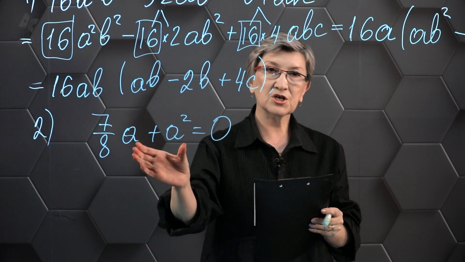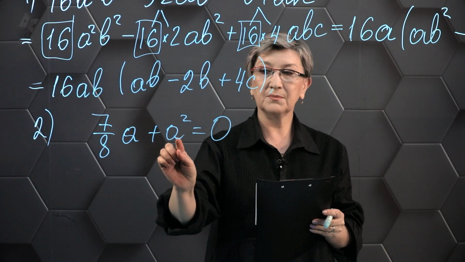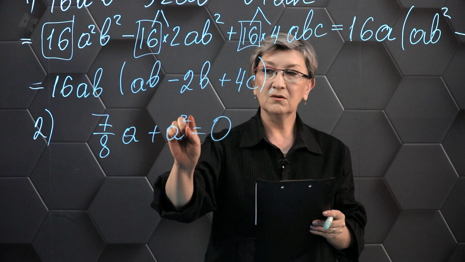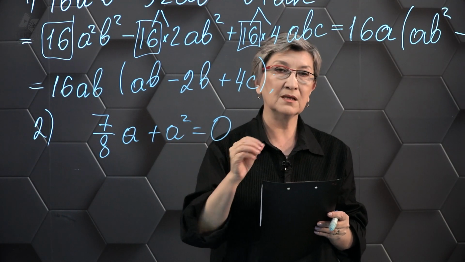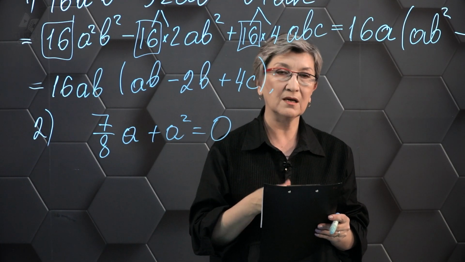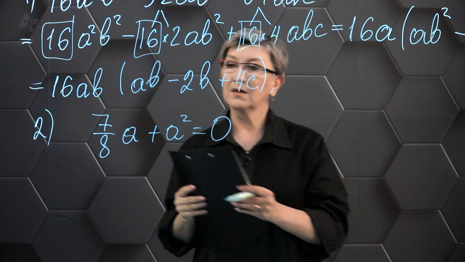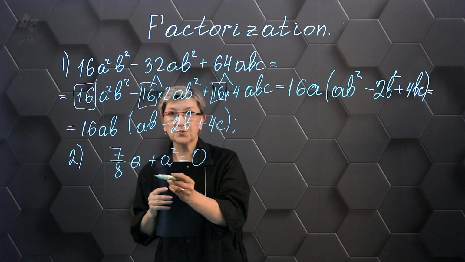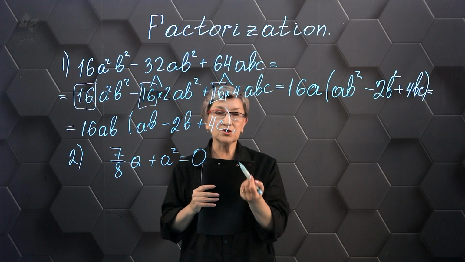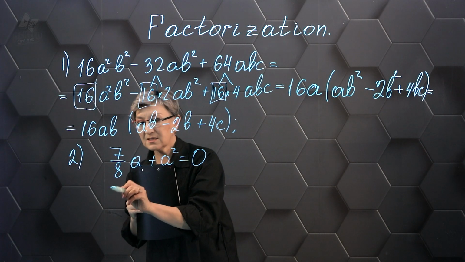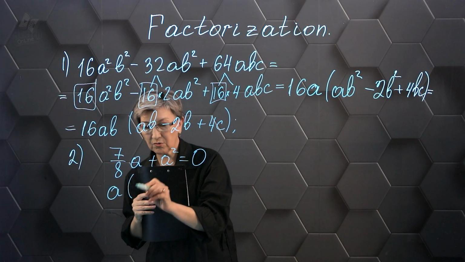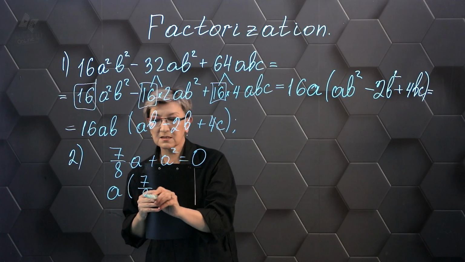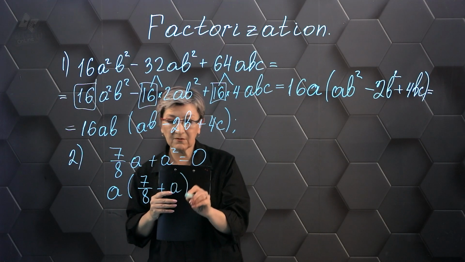We cannot solve it as a quadratic equation here since the degree of a is 2. However, we can observe that the common factor is a. What results if I factor out a? Then in the brackets we have 7/8 plus a equals 0.